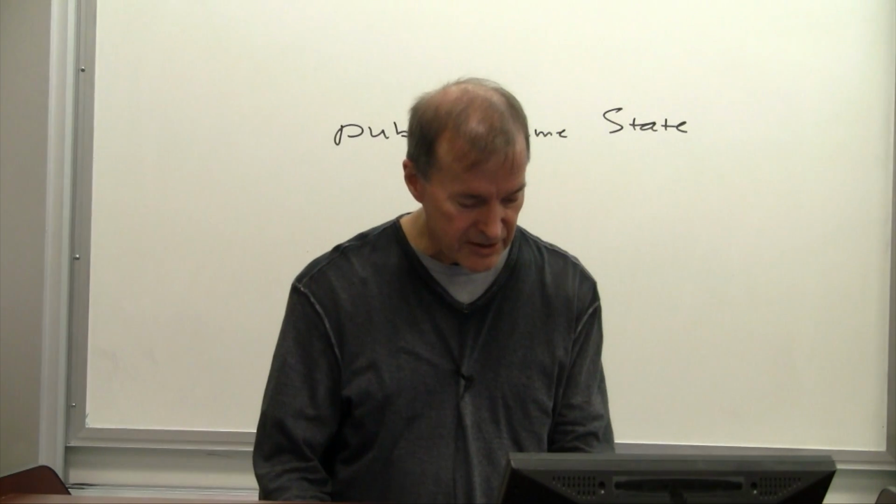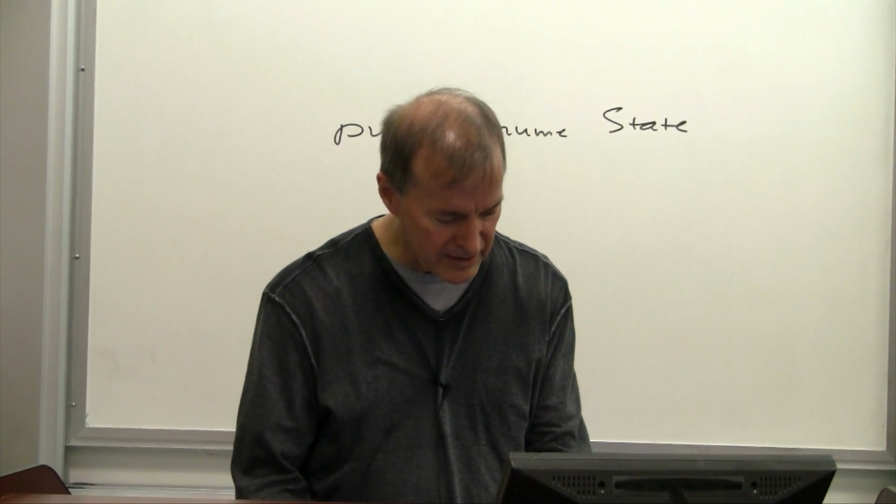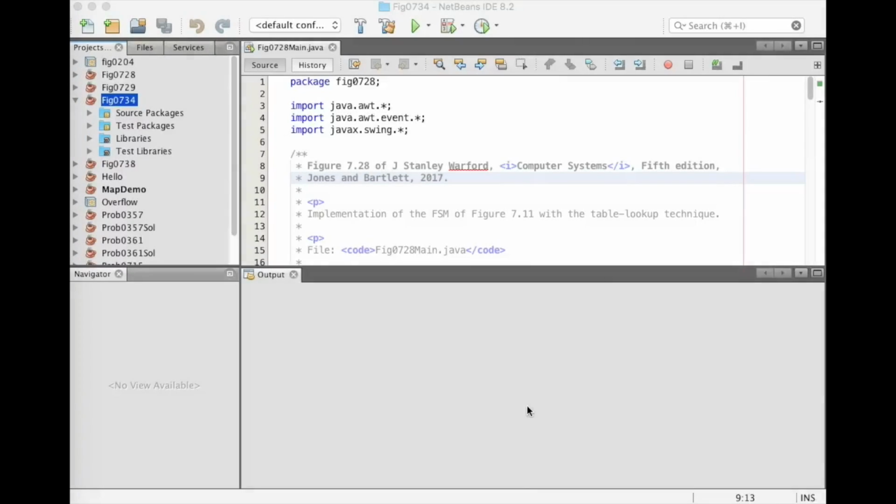Let me do a demo to answer your question. See here in figure 7.34, you should have this, and all of your new classes should be in the same package.